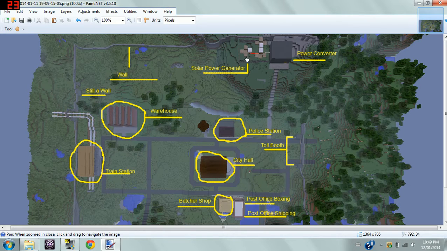So chloroplasts make sugars that go into the cell, and solar power generators are creating a kind of raw fuel that goes to the power converter. I had this very nice redstone thing that would light up a bunch of lights when the sun came up, but I guess you cannot see that.